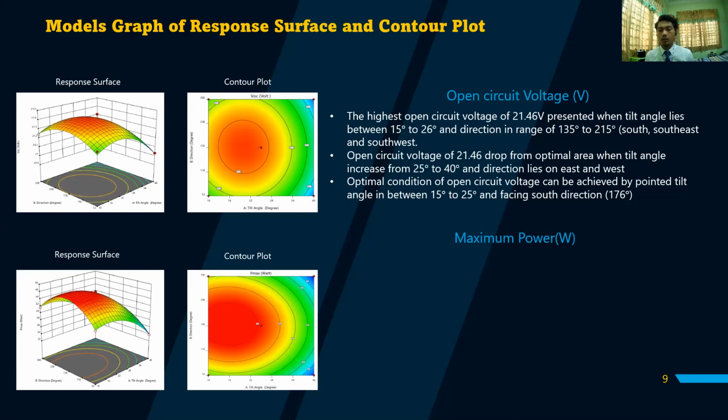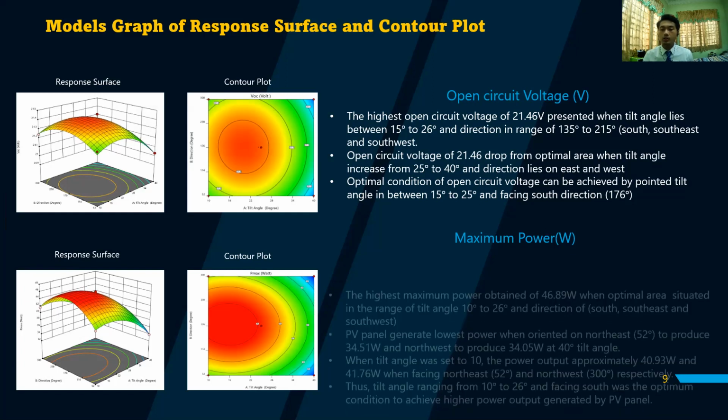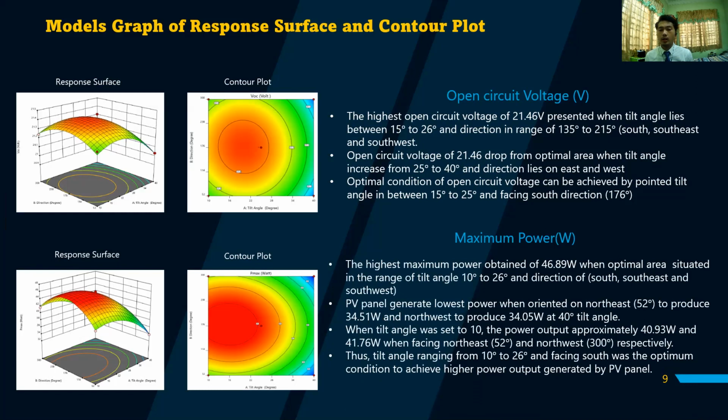So I can say that the optimal condition of voltage can be achieved by pointing the tilt angle at 15 to 25 and facing south. Also, it is the same for the maximum power, where the maximum obtained was 46.89 watt when the optimal area is situated in the range of tilt angle of 10 to 26 and the direction of south, southeast, and southwest.